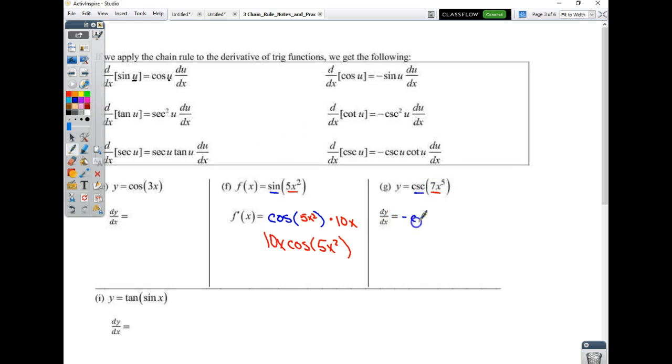So it is the negative cosecant of something, cotangent of something, and that something is 7x to the 5th, times 35x to the 4th, or negative 35x to the 4th cosecant 7x to the 5th cotangent of 7x to the 5th.